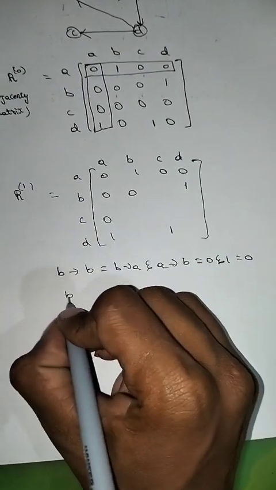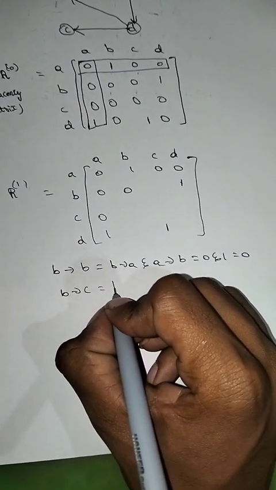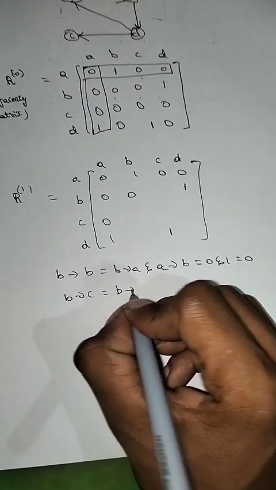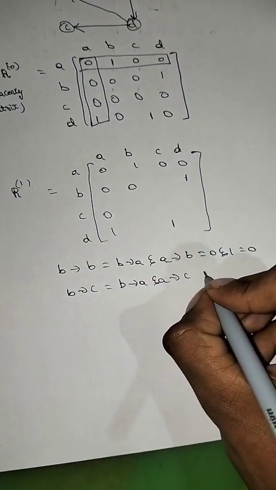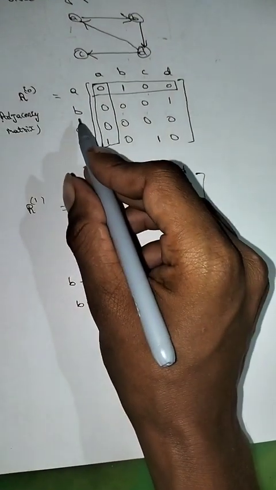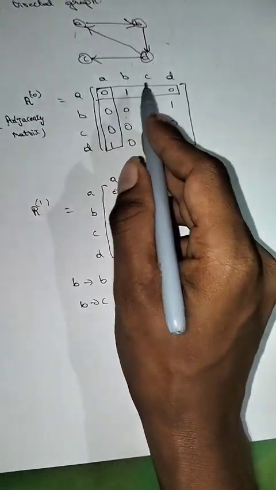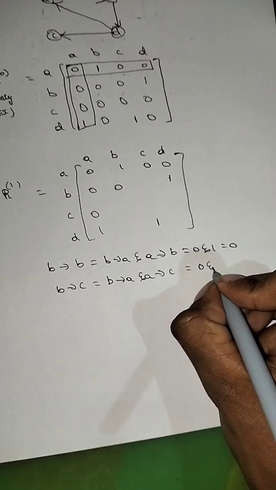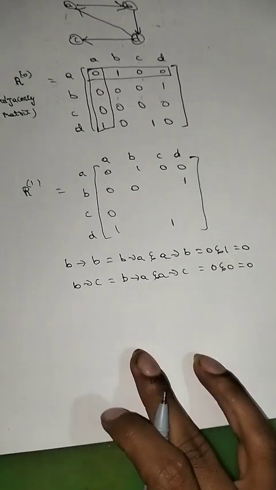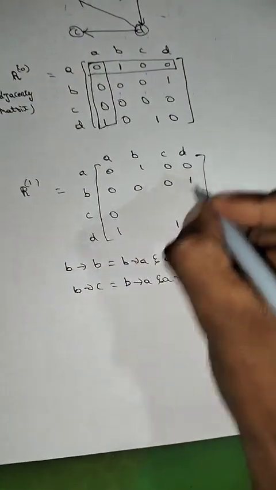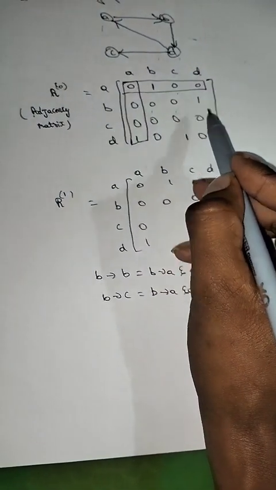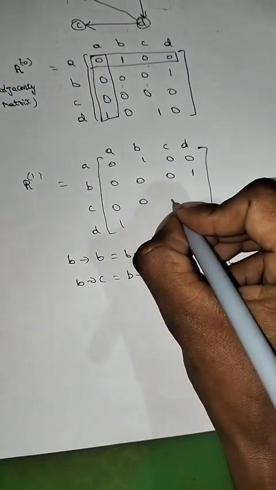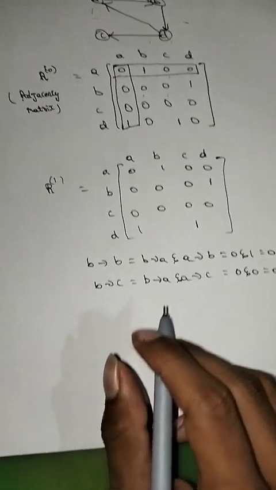Next, B to C. Since we are considering vertex A, it is B to A and A to C. B to A is 0, A to C is 0. So 0 and 0 is equal to 0. Next, since this third row is full of zeros, we get this third row as 0.